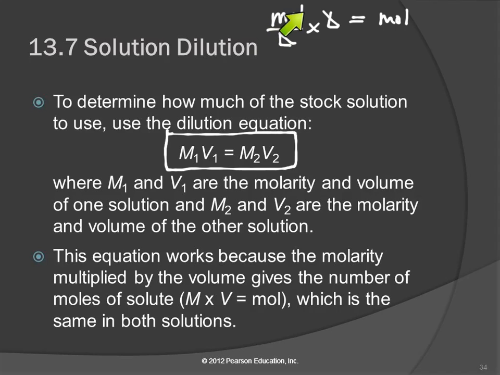The concentration, molarity times the volume, equals the moles of solute. The moles of solute in the dilute solution is equal to the moles of solute in the concentrated solution. The concentrations are different, the volumes are different. So that's why this equation works.